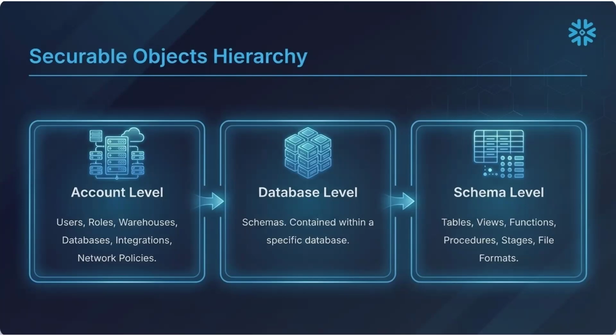And apart from this, at the Snowflake account level, we also have some integrations. Integrations here means storage integrations. When you deal with data loading, for example, if I want to load data from my external storage, like an S3 bucket, blob storage, or Google Cloud Storage, you need to create an integration object here.